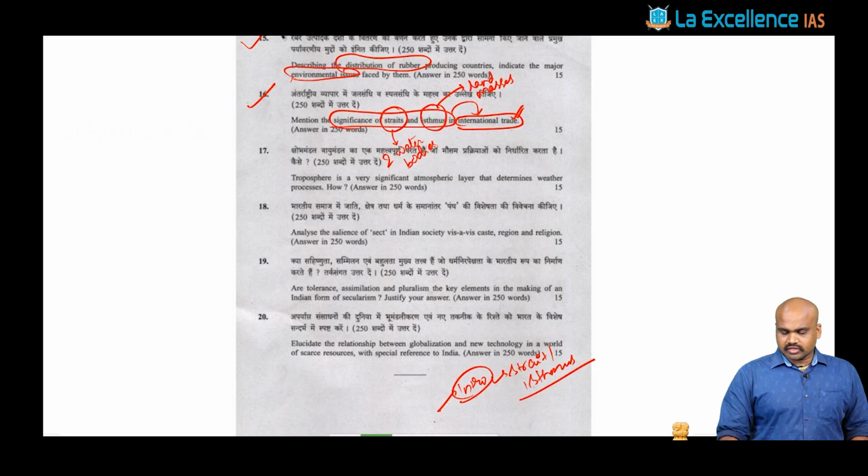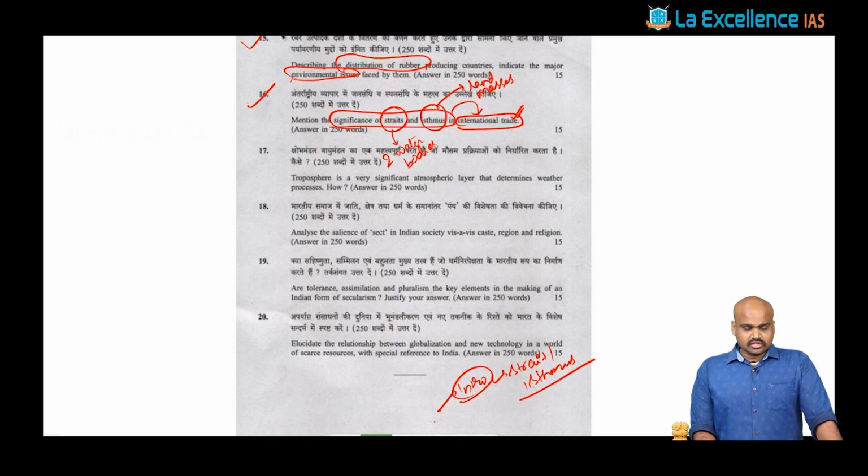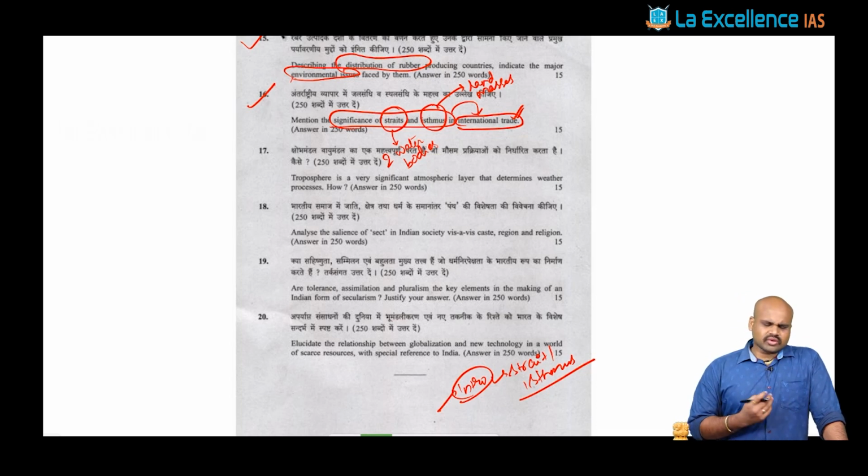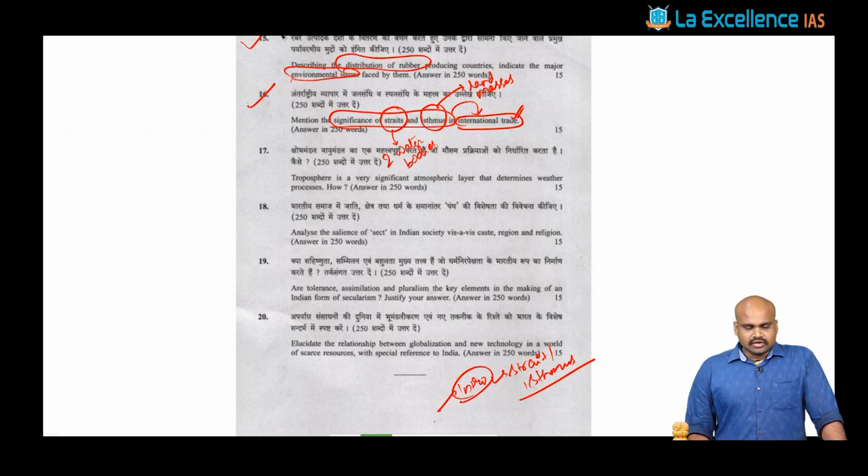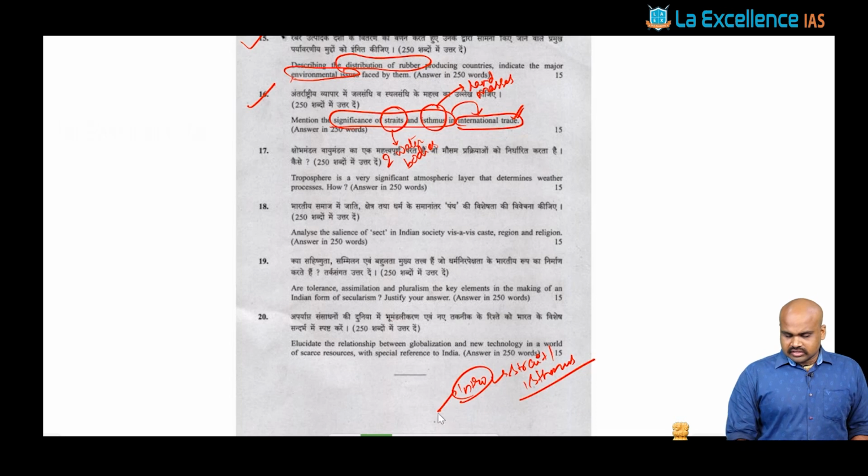That could have been a simple introduction for this question, right? With that simple understanding, if you want to move ahead, you can give one difference that exists between straits and isthmus. Then from there you can talk about their significance, that means the significance of straits with respect to the international trade.